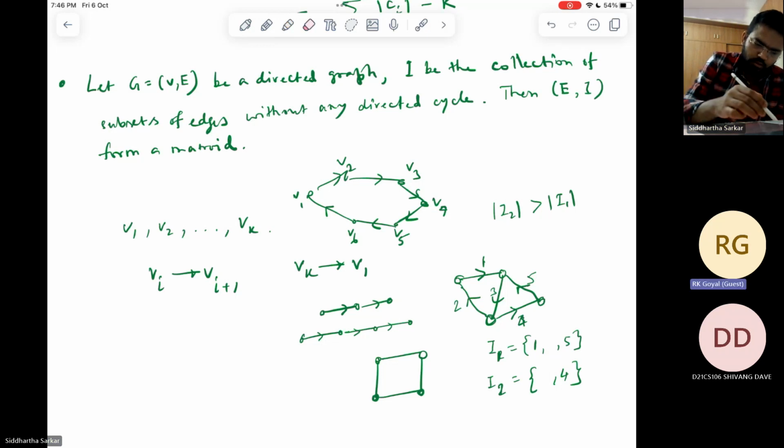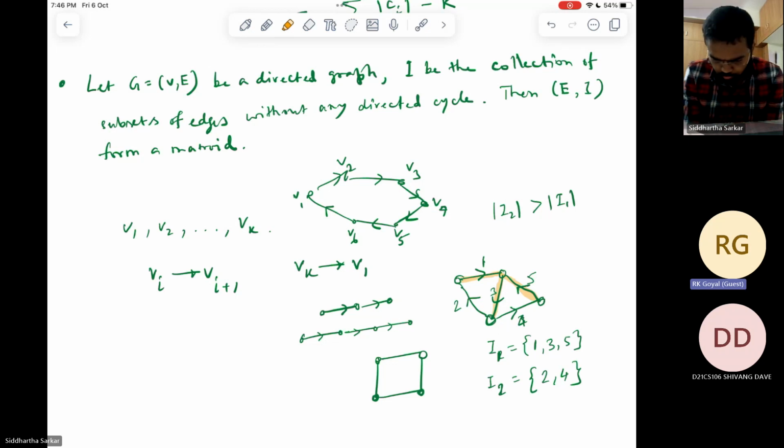Yes, 1, 3, 5, and 2 and 4. So 1, 3, 5 is one portion of the graph. Let us call this G, or let's call this V kind of a thing. And the remaining one, whatever remains, will come into this, so that we are forced to form a cycle.